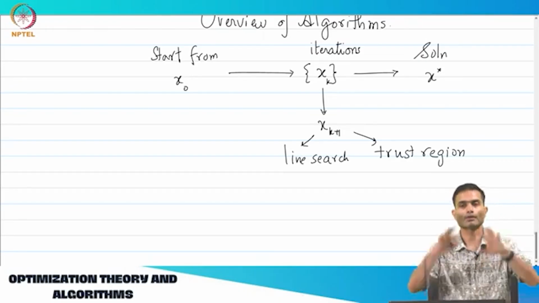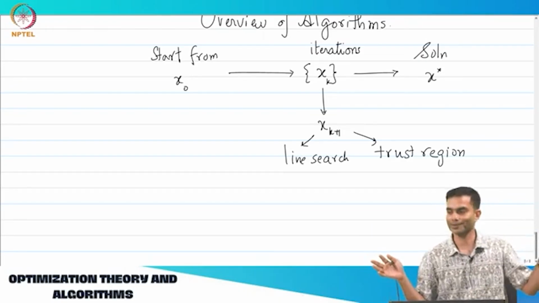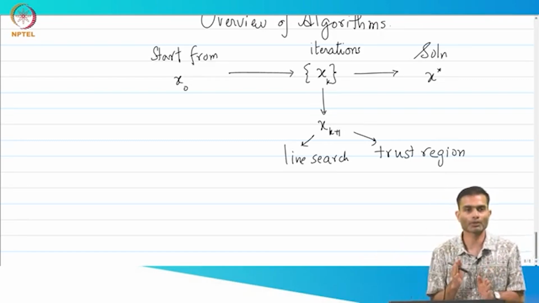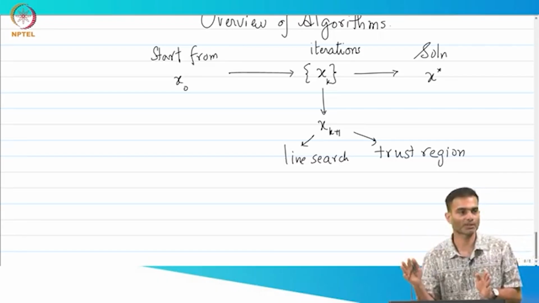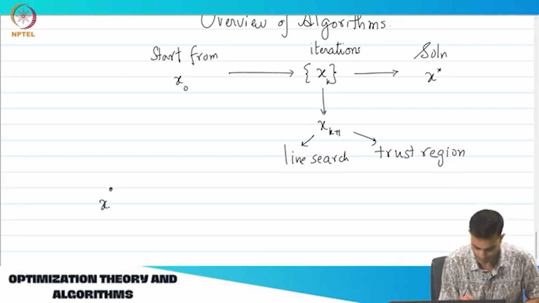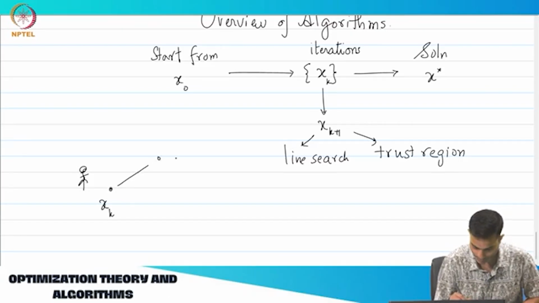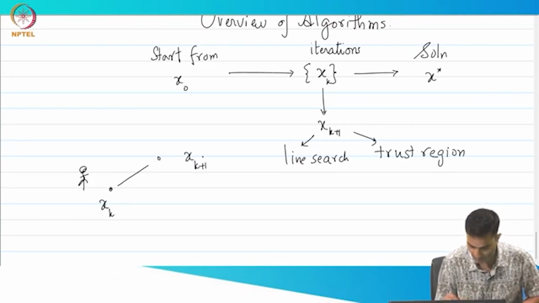So our overall optimization of going from x0 to x star, when I talk about the real nuts and bolts, is going from xk to xk plus 1, right? Supposing this is my xk, I'm standing over here, here is xk plus 1.